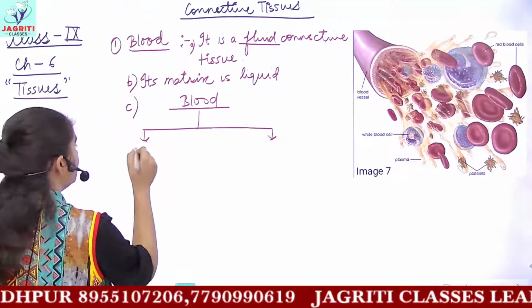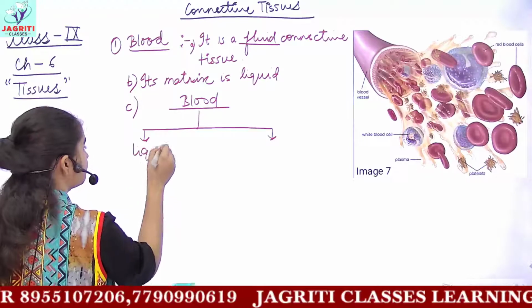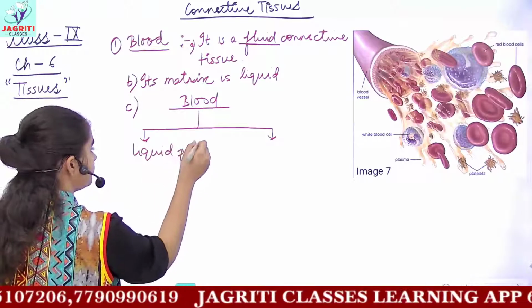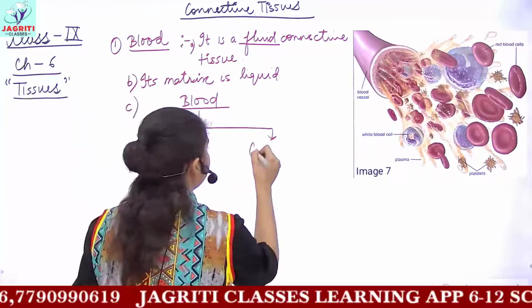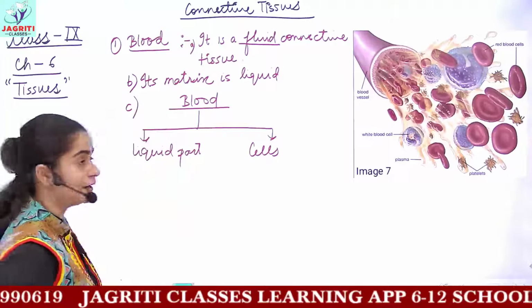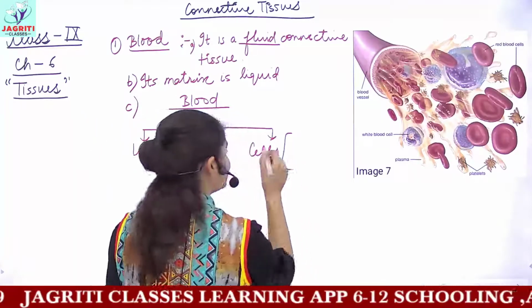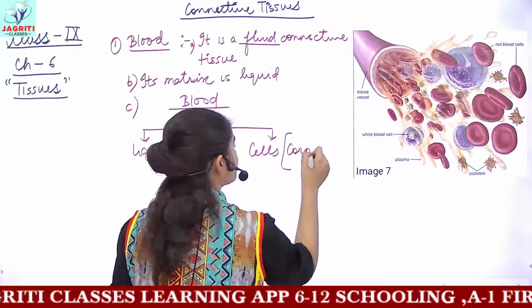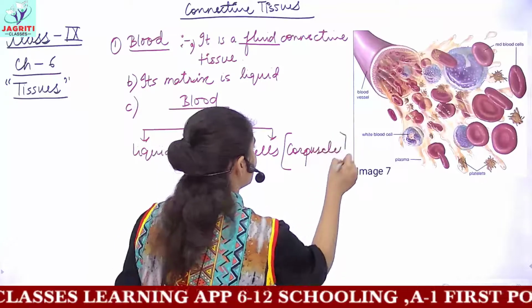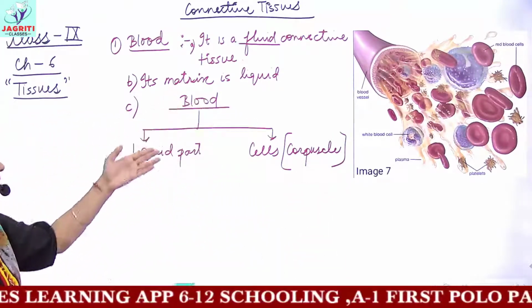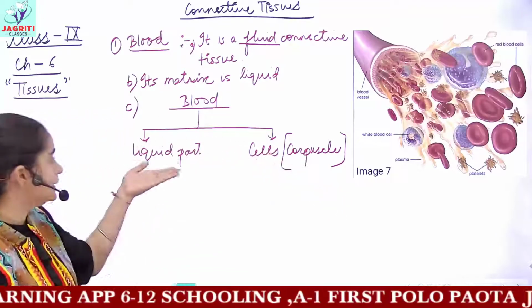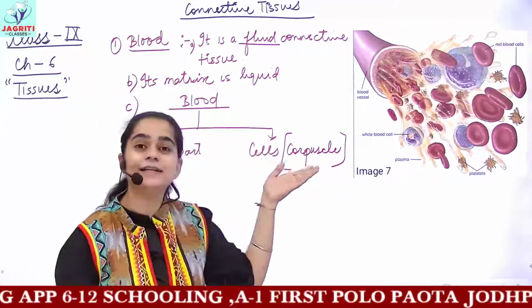First one would be the liquid part of blood, and next one would be different cells present in your blood. And these cells, blood cells, are also called corpuscles. So your blood contains two structural features. It has a liquid part and it has different cells.